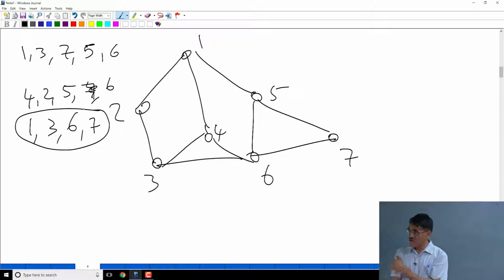4 to 6, 4 to 7. 4 to 7 does not cover the edge 1 5. How do I show that there is no vertex cover of size 3?